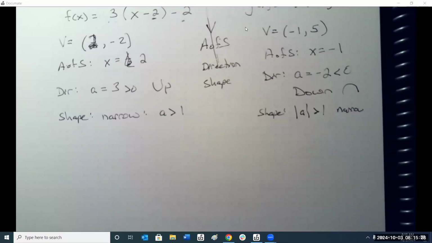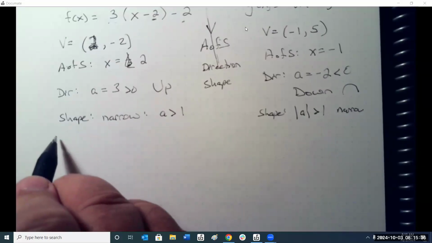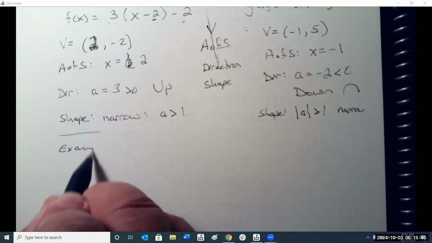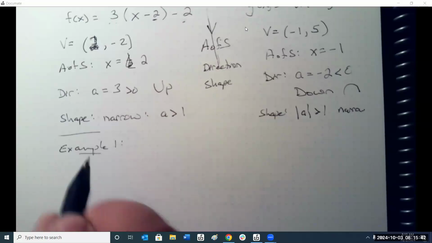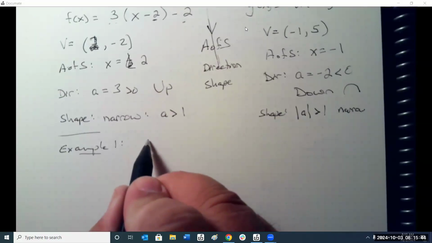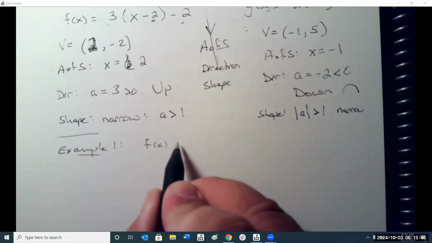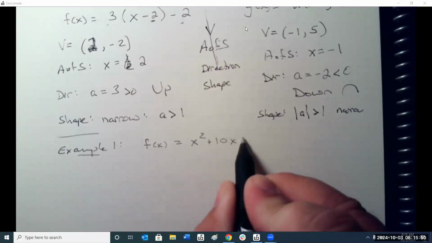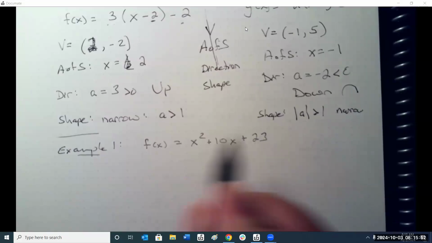Okay, we won't always be given the vertex form. A lot of times we'll be given the function that looks like the quadratic formula. Here's an example. I have a function f of x equals x squared plus 10x plus 23.